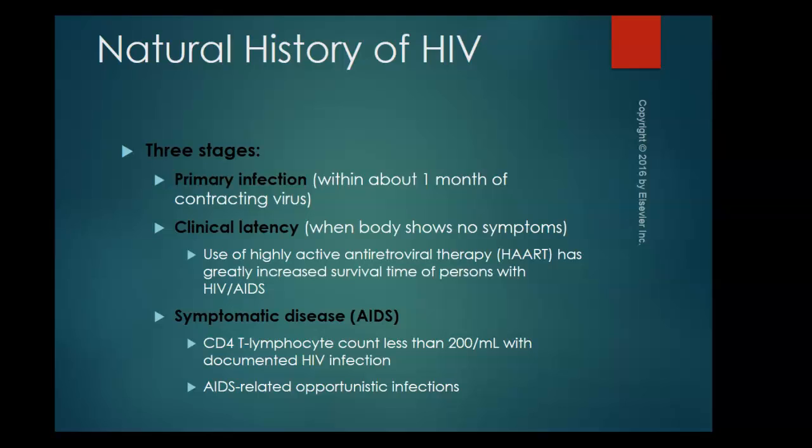AIDS-related opportunistic infections would include pneumonia, oral candidiasis, pulmonary tuberculosis, invasive cervical cancer, even salmonella infection is one.